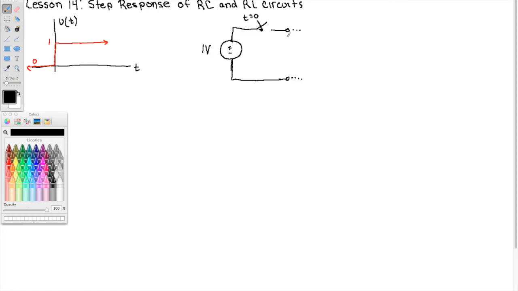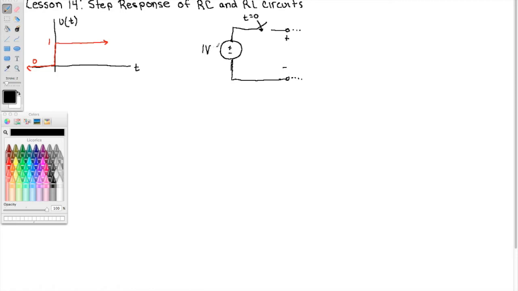So at this point right here, without the voltage source, we have 0 volts, because it hasn't been switched in. Then at time t equals 0, we switch it in, and now we have 1 volt there.